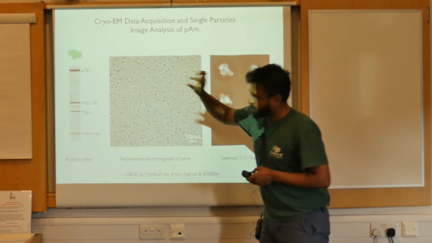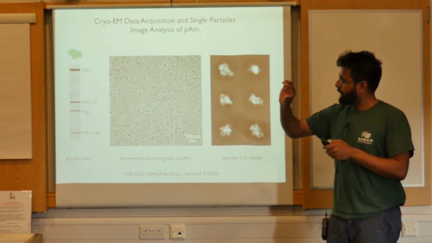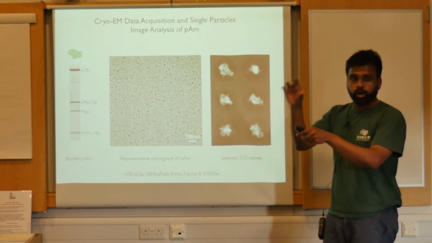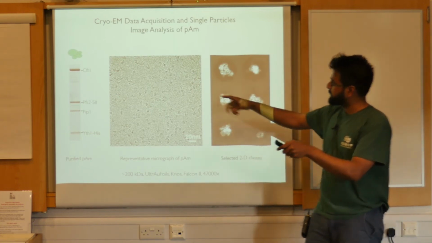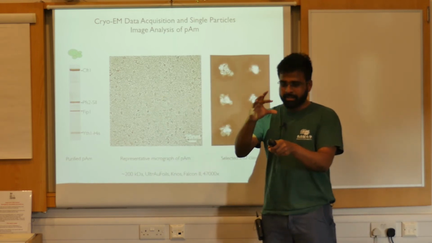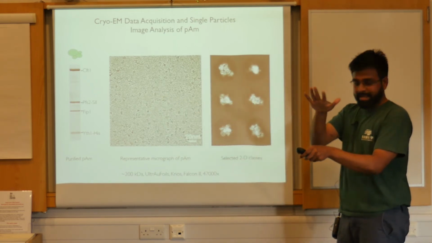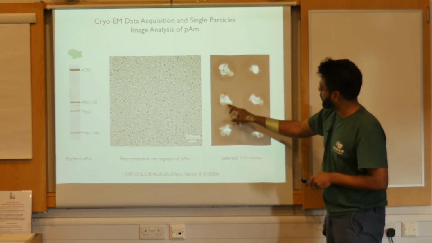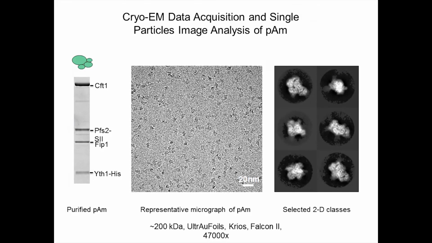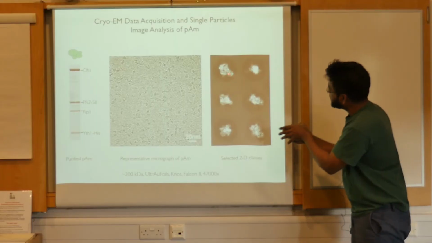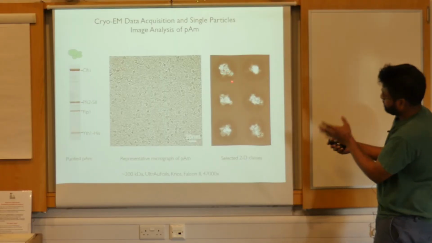I extract this particle from this image, and I superimpose it on top of thousands of such extracted particles in the same orientation and stack them on top of each other and get something called 2D classes. And these 2D classes now have a very high signal to noise ratio, and now you can see very fine detail features.